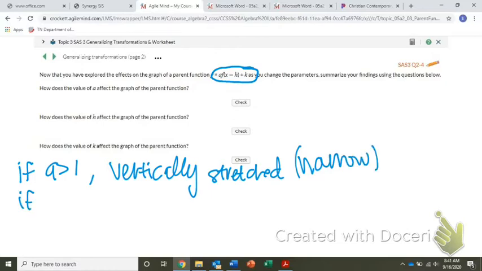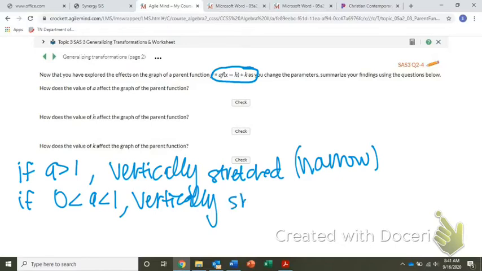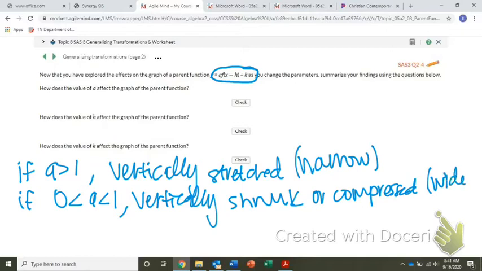If A is between 0 and 1, meaning it is a decimal, it will be vertically shrunk or compressed. Those mean the same thing, and you'll see both. And that simply just means it becomes wider.